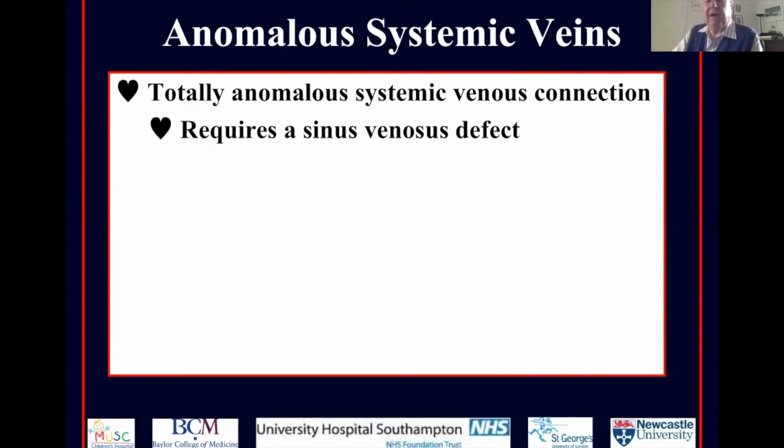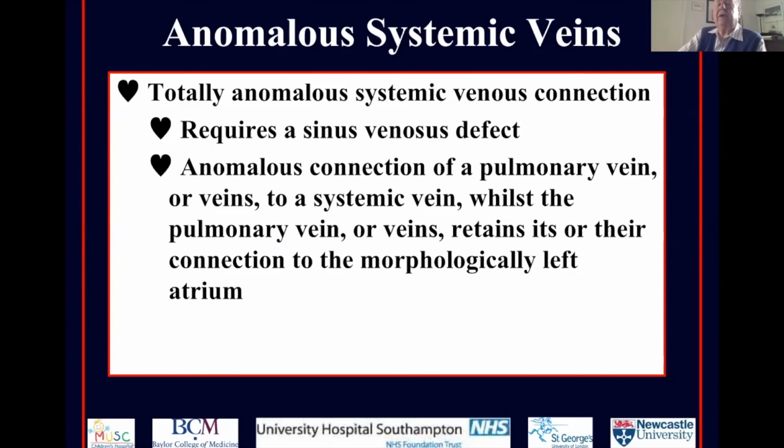So let me divert for just a moment and take you back to totally anomalous systemic venous connection, because I've now also introduced you to the sinus venosus defect. Now, perhaps many of you still think of the sinus venosus defect as an atrial septal defect. It is not. It is an interatrial communication, but one that can only coexist with an anomalous pulmonary vein.